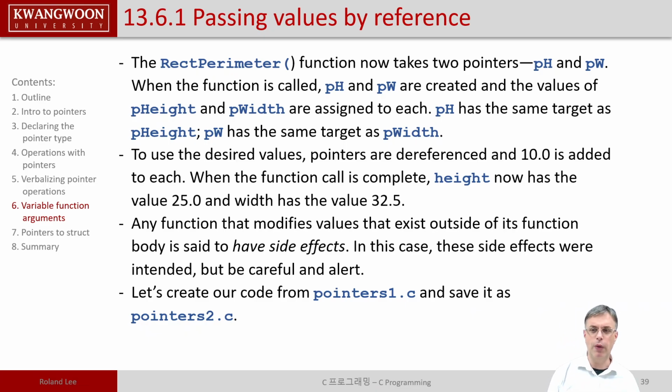When the function call is complete, height now has the value 25 and the width has the value 32.5. You might want to verify this yourself with a similar program, but one that prints out the values of height and width both before and after the function call in the main.